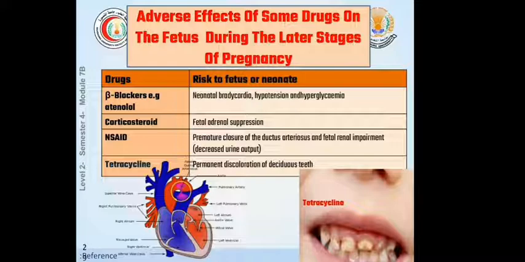So the premature closure of the ductus arteriosus is due to inhibition of the placental prostaglandins by non-steroidal anti-inflammatory drugs.